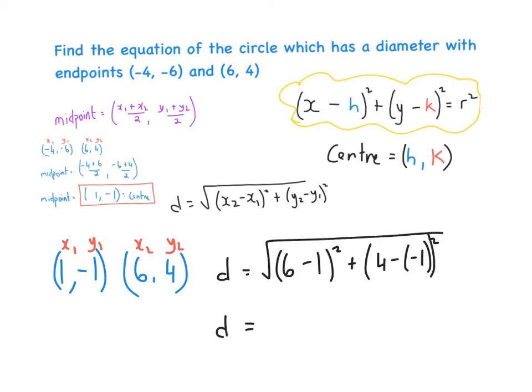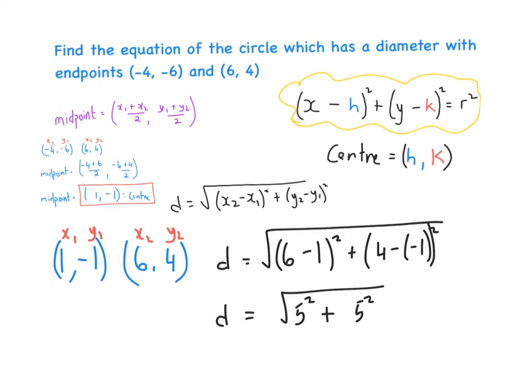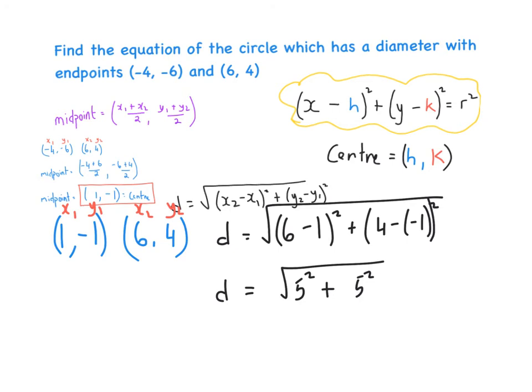So d is equal to, so that's 5 squared plus 4 plus 1, so that's again 5 squared. So 5 squared plus 5 squared is 25. So our distance is equal to the square root of 50. So that's our radius.